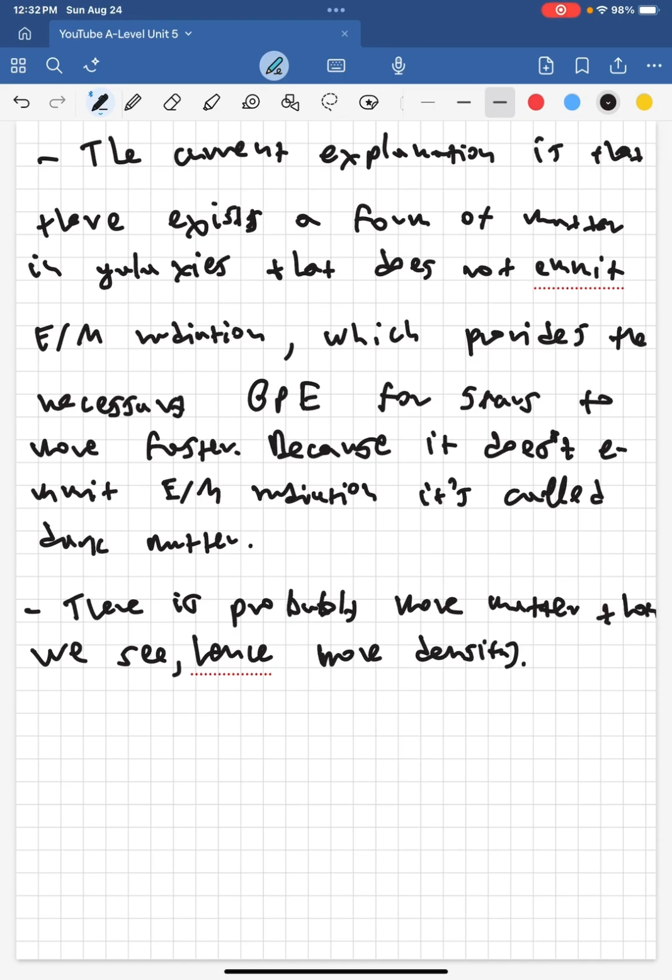So if dark matter exists, then the density is higher than the one we measure from known matter, the one we mentioned earlier. However, the problem is, at least at the point when this video was recorded, no dark matter has ever been detected.